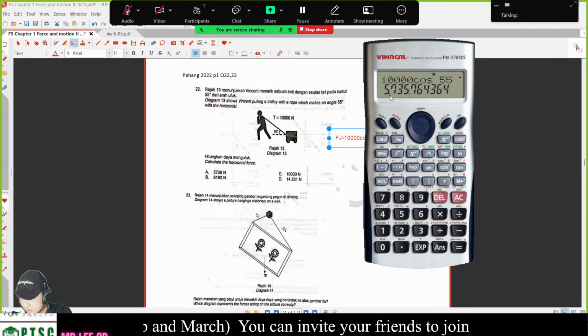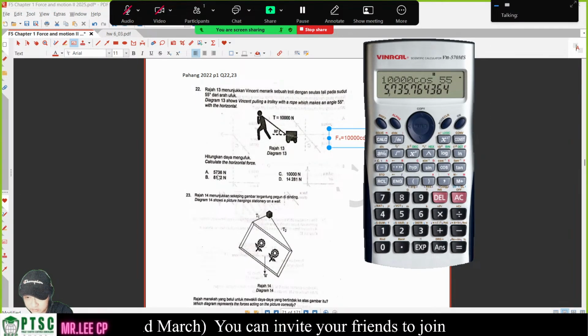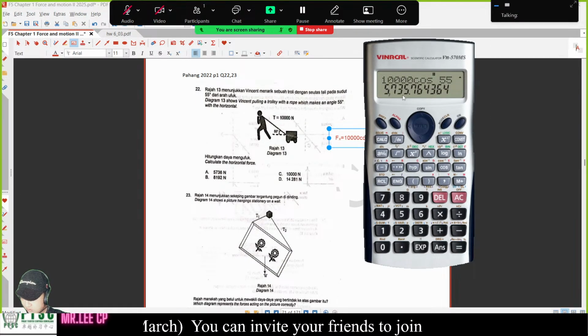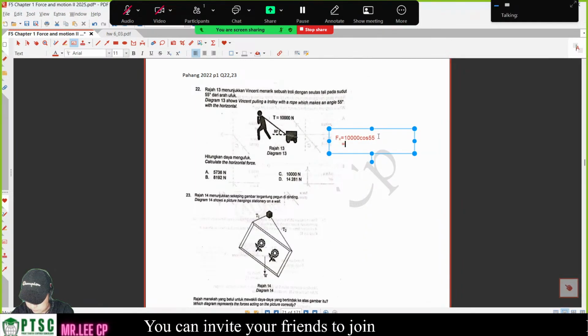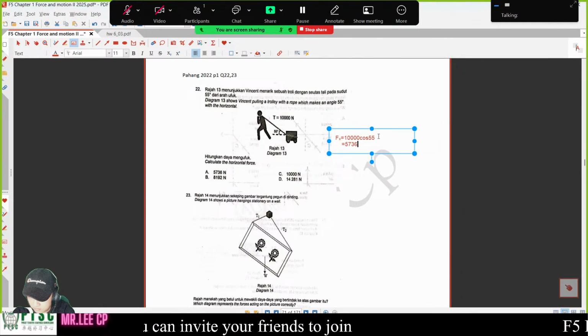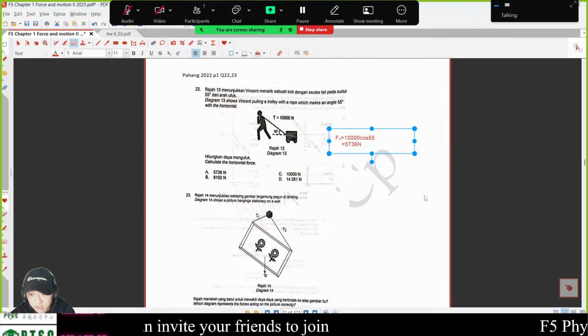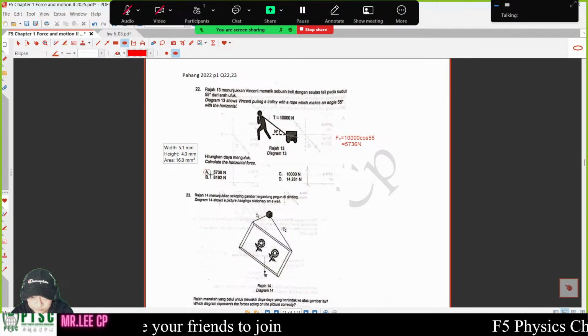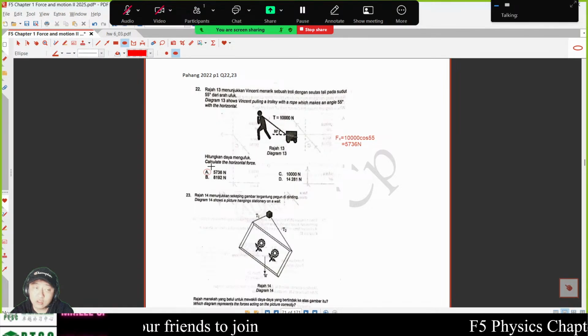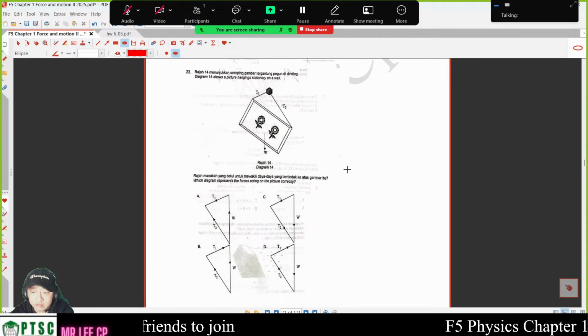Answer: 5,736. Round off. Unit is Newton. Touch, then cos. Not touching, sine. So very fast, very easy.